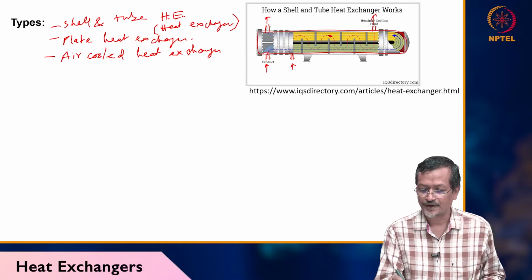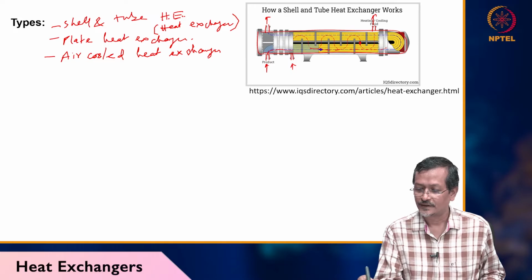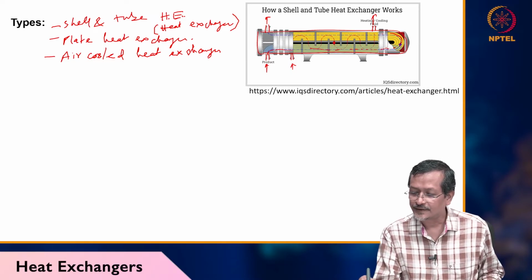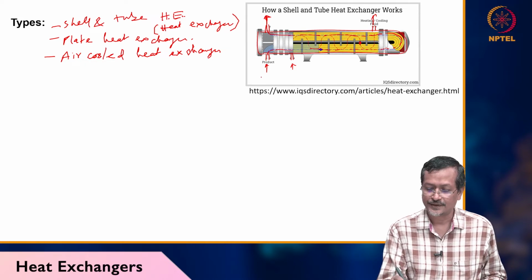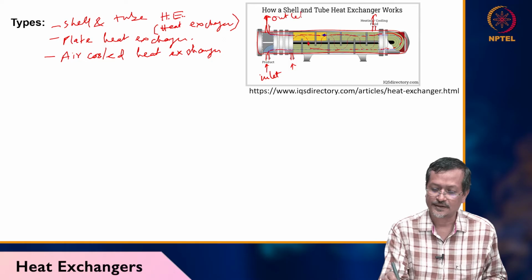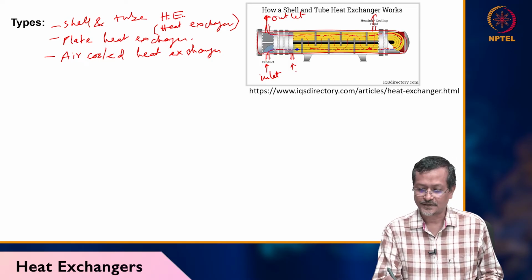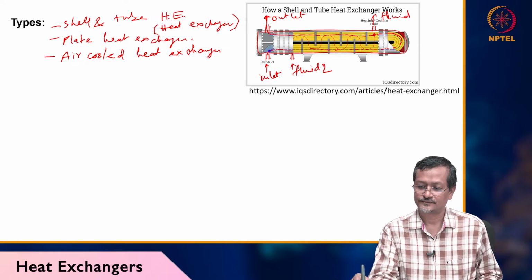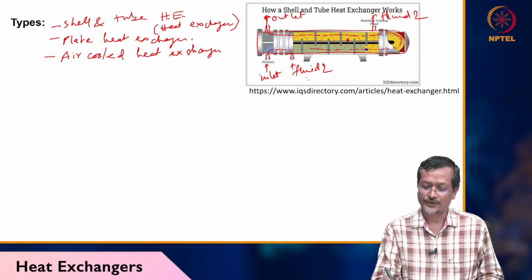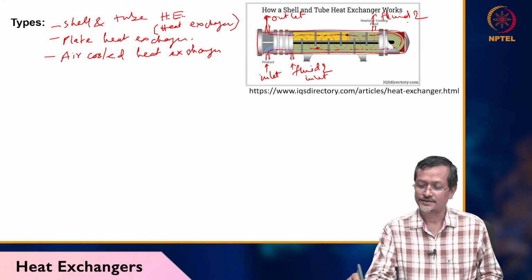One fluid will be entering, going through this blue color you can see, and going out. This is the inlet, this is the outlet, and this is another fluid, fluid 2, with its inlet and exit or outlet.